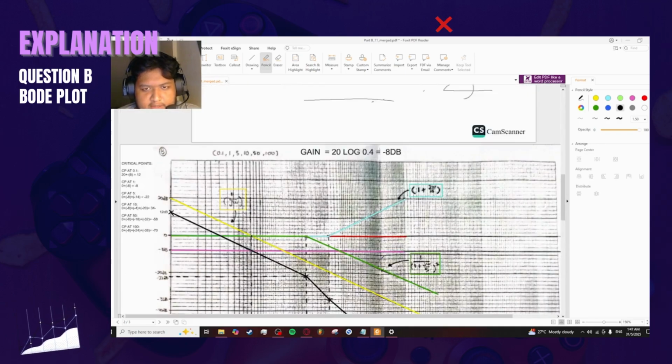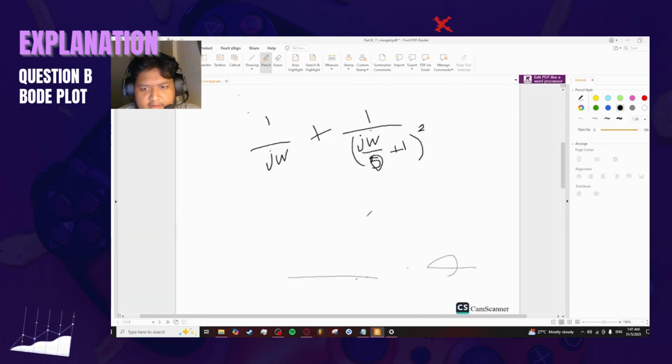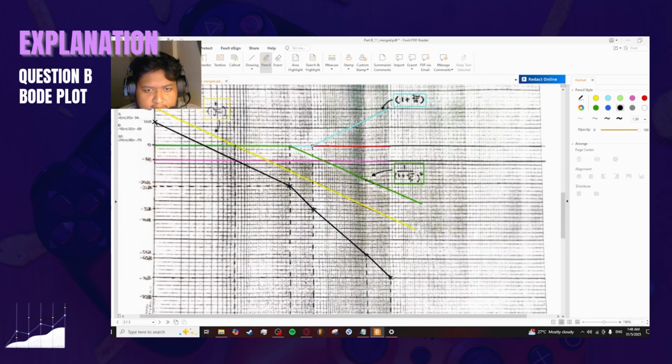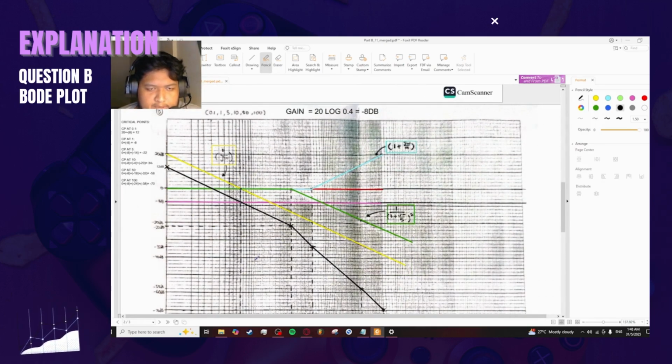For this instance, you look at the denominator, which is 5. You should draw the line at 5. So you drag here to 5, and then you draw down 20 decibels from here to here. And we're not done here, actually. The last part is to count the critical points, or the important points, for this pole plot.